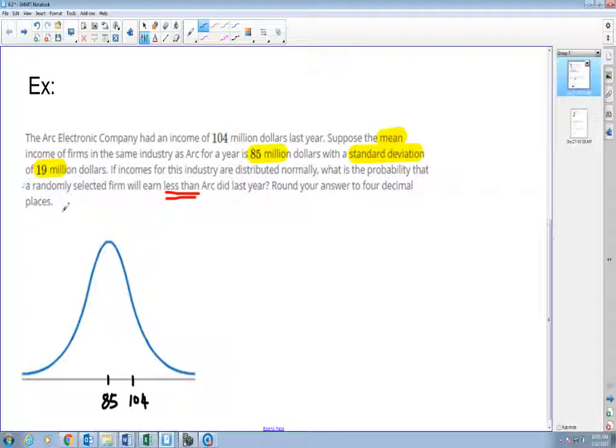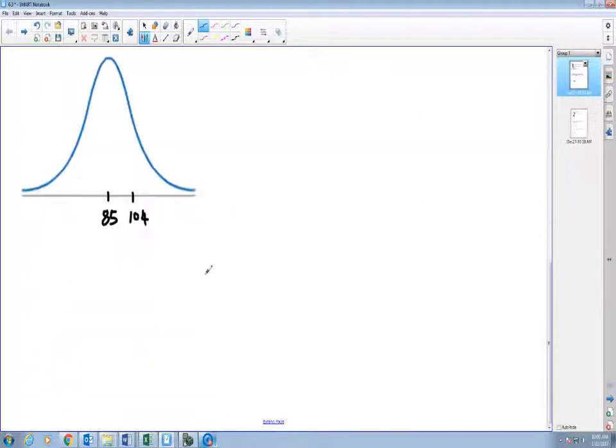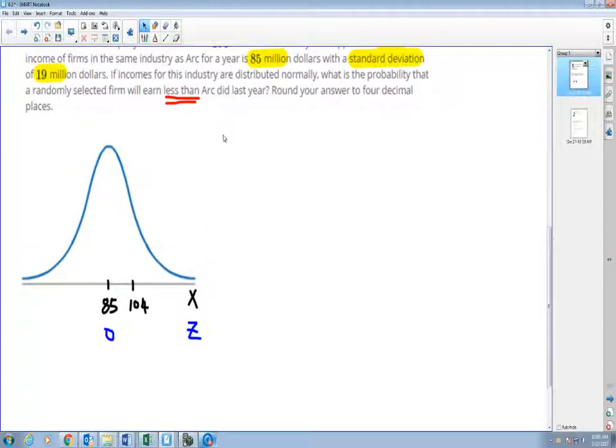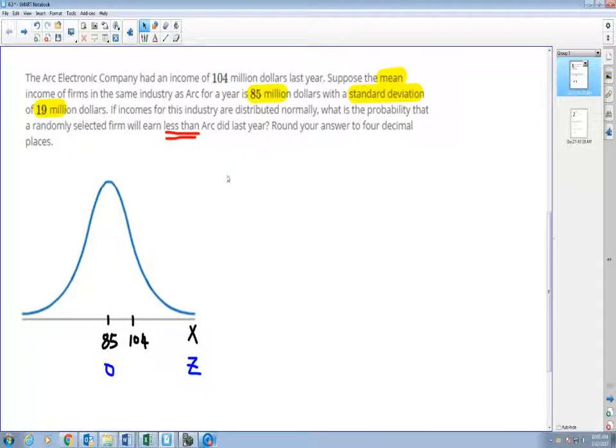And I have my standard deviation of 19 million. So this is my random variable x, and now I need to convert it into a z-score. I know my mean is always located at 0, so the z-score I'm trying to convert is for the 104. Let's write down what we know. Sometimes that will help a little bit.